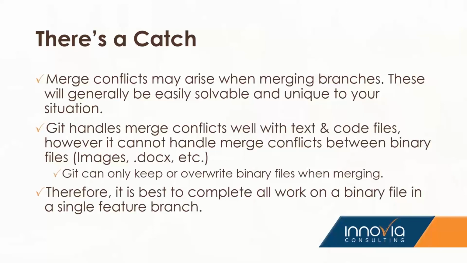All it can do is either keep the current version in the branch or overwrite it with the new incoming version from a separate branch. So with that in mind, it's going to be best to complete all work on a single binary file, whether that be a docx or any other file, in a single feature branch. It'll save you a lot of pain in the future.